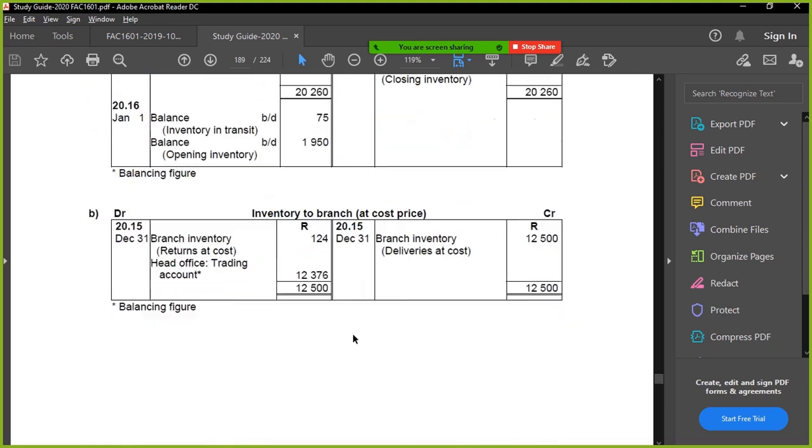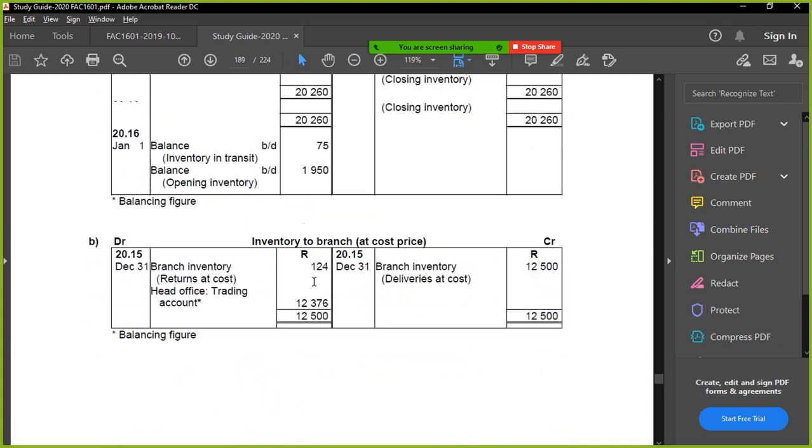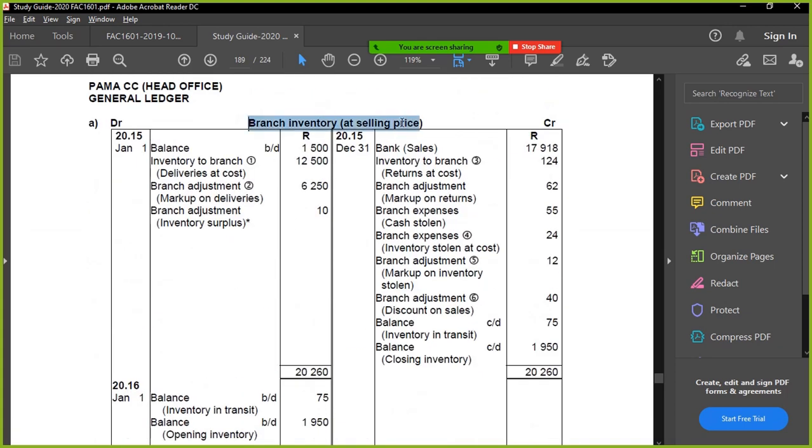They keep all the markup in one account, and that account shows what the branch has actually generated in terms of profit. So this account is the profit the branch is generating from its sales. This account represents the stock that they have in the business.